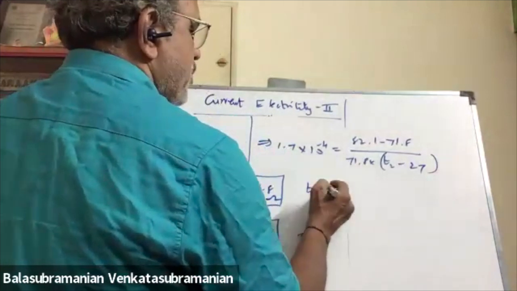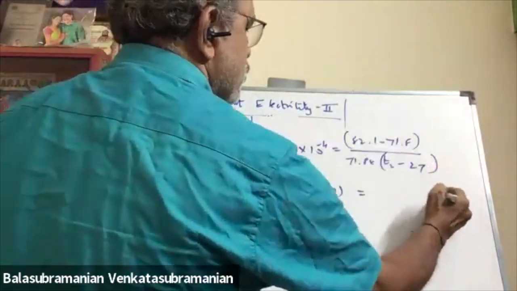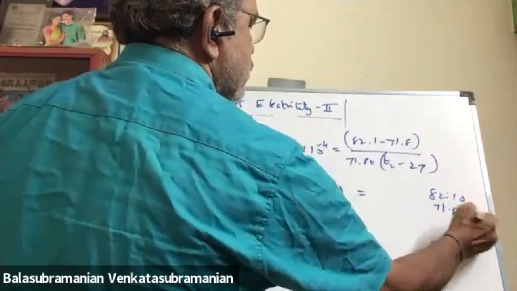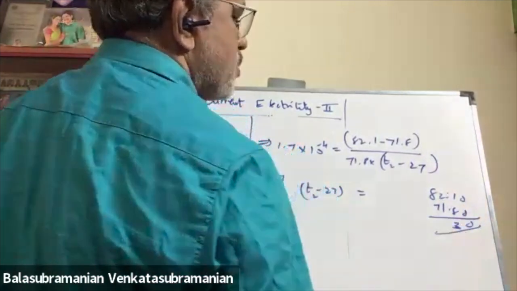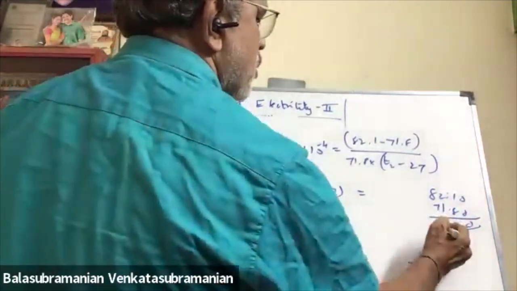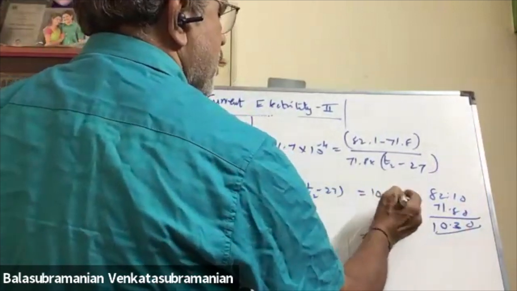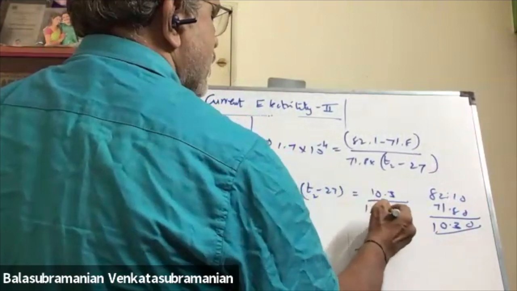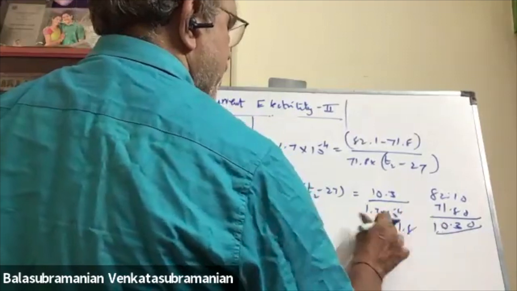So T2 minus 27 is equal to, subtracting these two, 82.10 minus 71.80, 10.3, by 1.7 into 10 power minus 4 into 71.8.